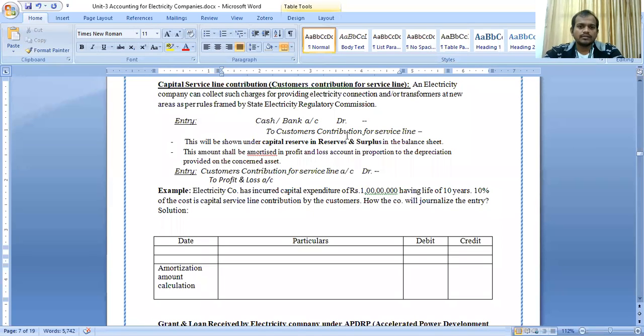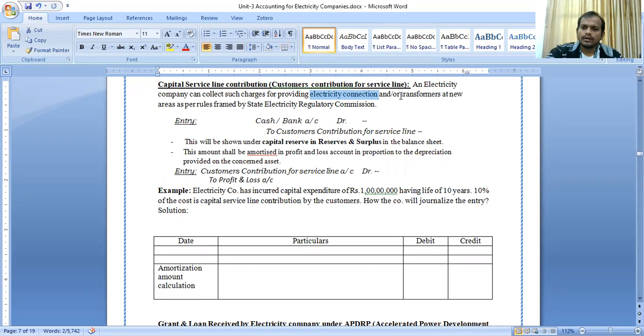So, capital service line contribution. An electricity company can collect such charges for providing electricity connection and/or transformers at new areas.